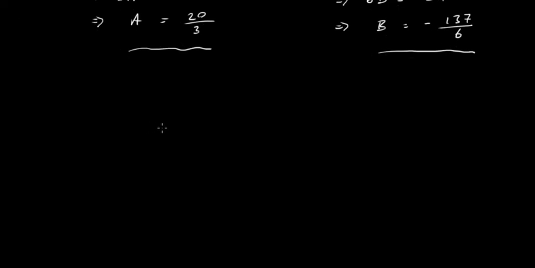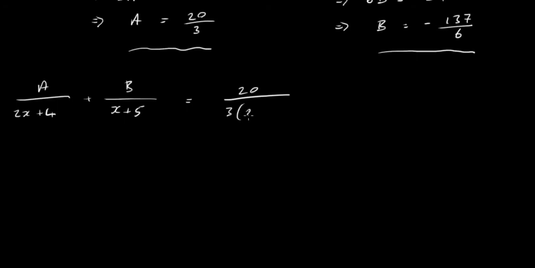So remember we had a over 2x plus 4, and then we had b over x plus 5. Okay, so we know that a is 20 over 3, so I'm going to end up with 20 over 3 over 2x plus 4. So in other words, that's really just 20 over 3 times (2x plus 4), plus my b is minus 137 over 6.